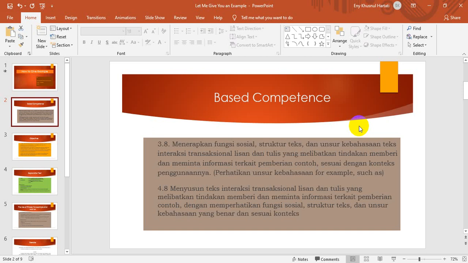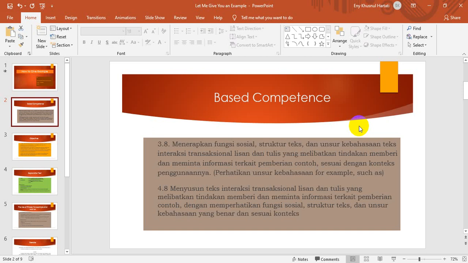Menerapkan fungsi sosial, struktur teks, dan unsur kebahasaan teks, interaksi transaksional, lisan dan tulis yang melibatkan tindakan memberi dan meminta informasi terkait pemberian contoh sesuai dengan konteks penggunaannya, yaitu dengan memperhatikan unsur kebahasaan, for example, dan such as.